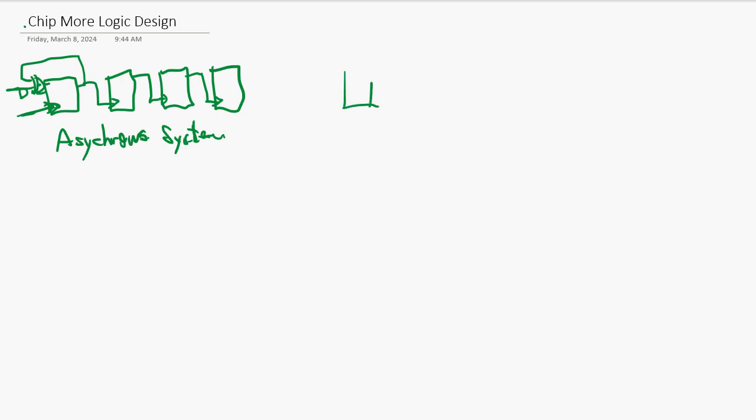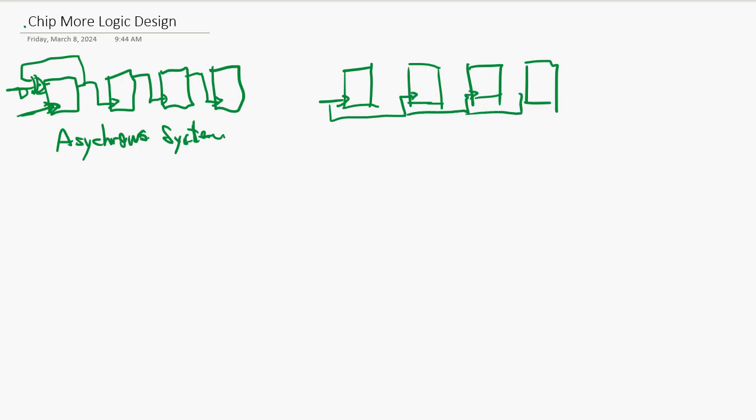If you want to make it synchronous, you have to do this: the same clock goes to all the flip-flops, and you have a control, and basically this plus 1 goes here, plus 1, and plus 1 goes here.